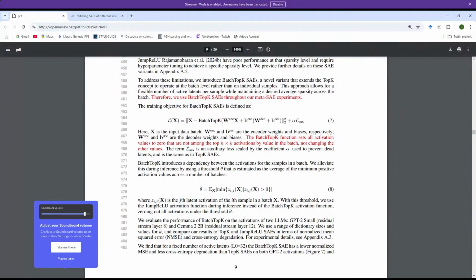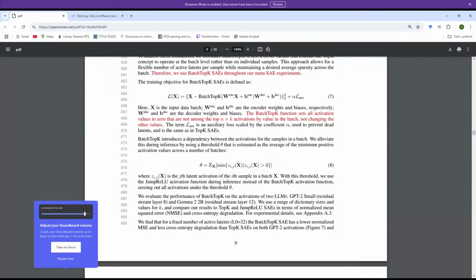Because when you're doing inference, you don't have the batch anymore, and instead they use this threshold, so it looks closer to the jump ReLU case. So they train it like a top K, and then they do inference like a jump ReLU.